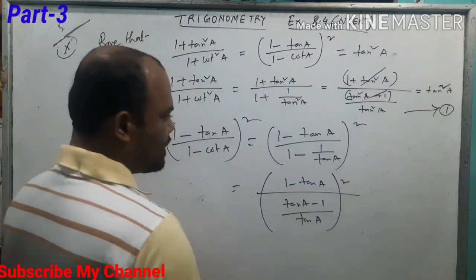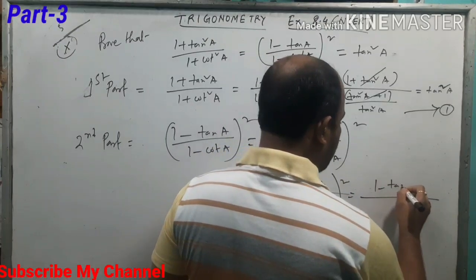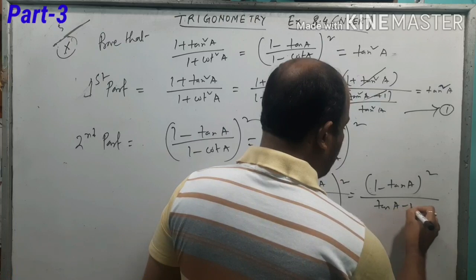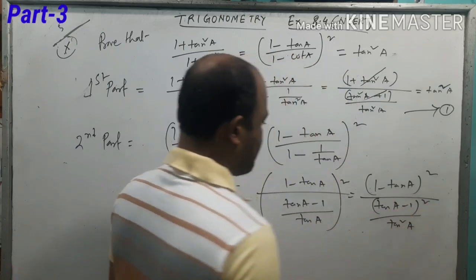Now for this negative sign problem, you first split the whole square. It will be 1 minus tan a whole square, and here it will be tan a minus 1 whole square by tan square a.